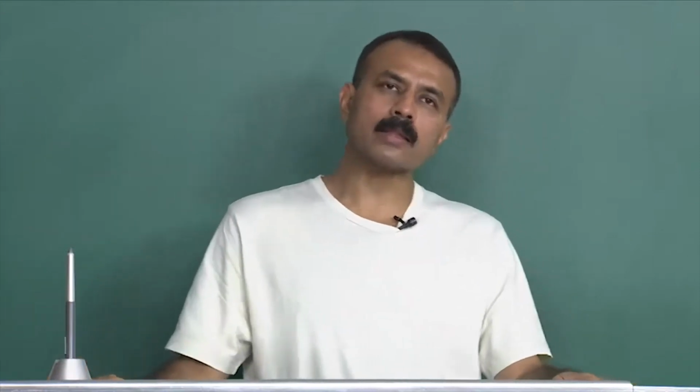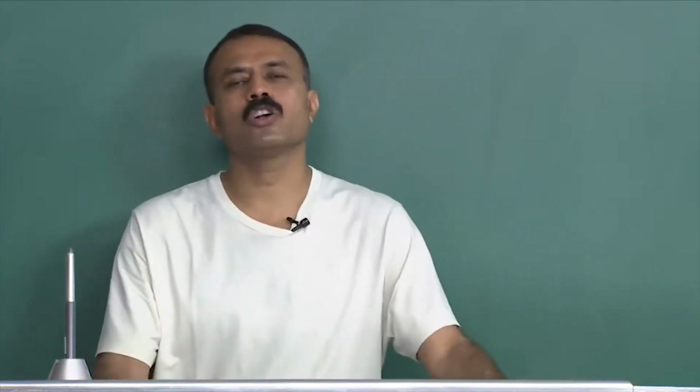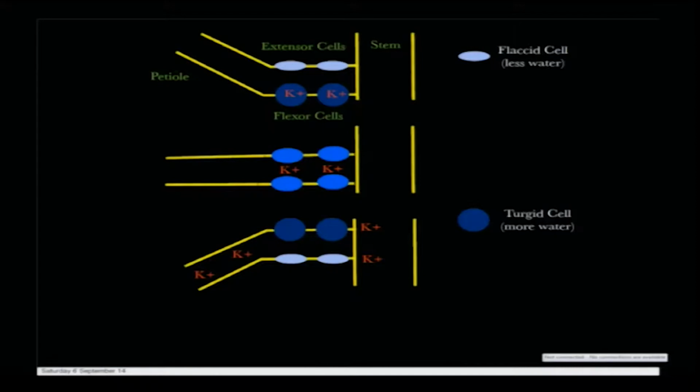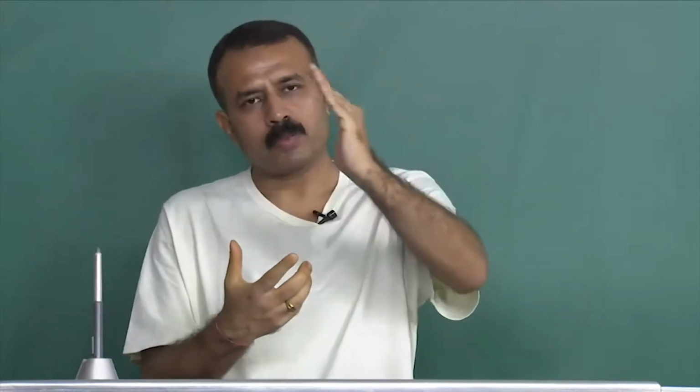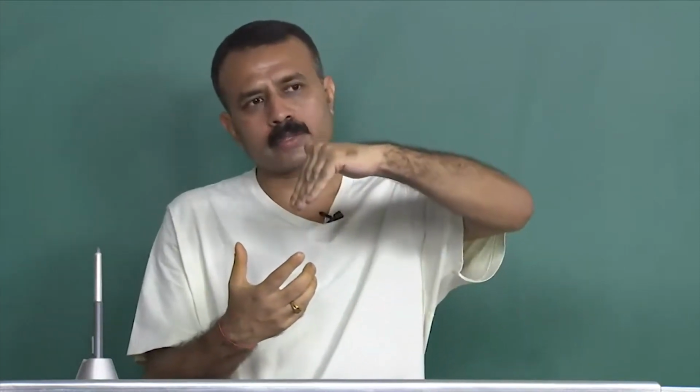When potassium enters the cell, it carries a lot of water molecules along with it. Now, I will take you back before I come to this picture. Imagine this is before bending. Once you touch, a lot of water molecules get accumulated inside the leaf, and because of the weight of those water molecules, the leaf droops down from this position like this.